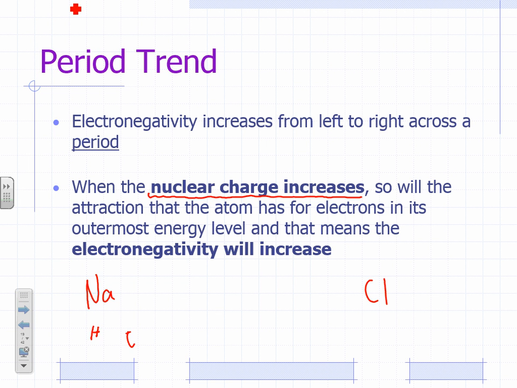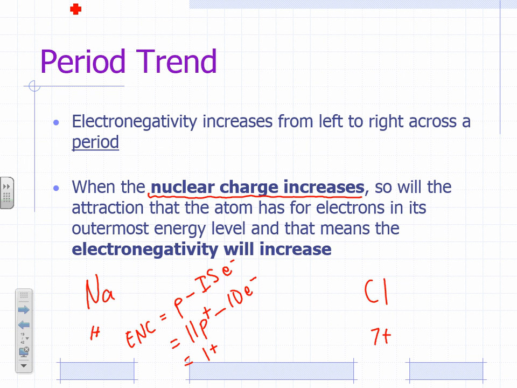Remember, effective nuclear charge is equal to the number of protons minus the number of inner shell electrons. So 12 protons minus 10 electrons gives us an effective nuclear charge of 1+ for sodium. Chlorine has an effective nuclear charge of 7+.